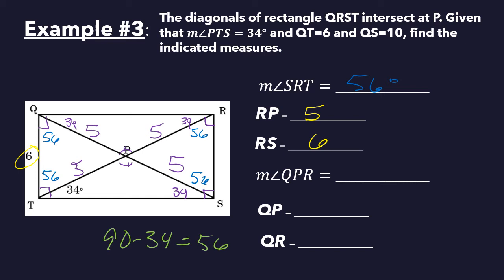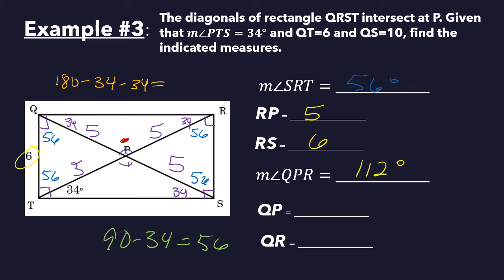Angle QPR, I didn't find, but if you take 180 and subtract 34 twice, that's going to give me my answer. So 180 minus 68 is going to be 112 degrees.